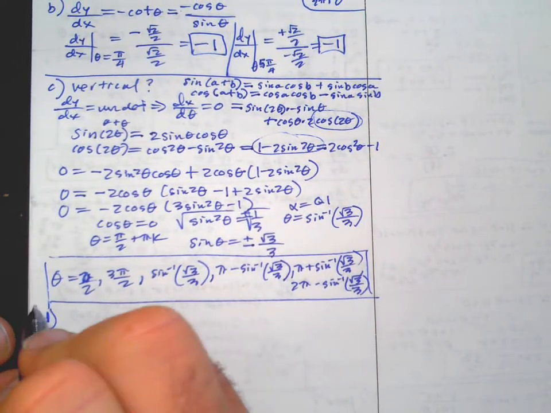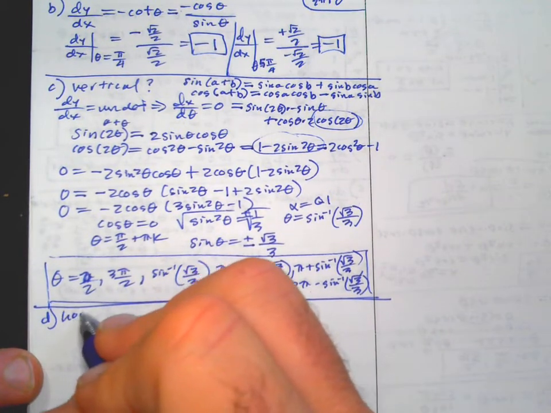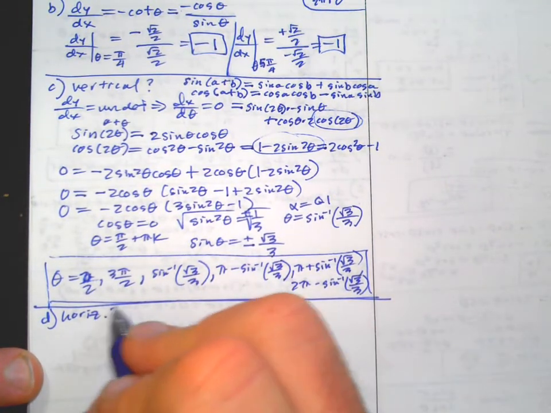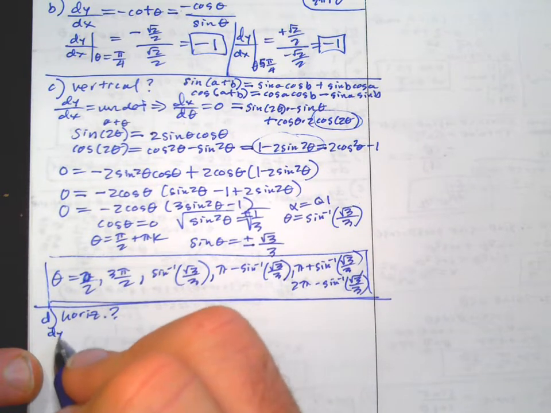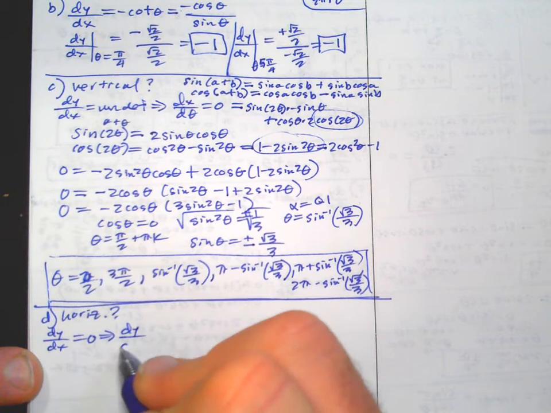Now let's see if any of these show up in the other one. So for horizontal, we get some fun here. This is going to be dy dx equals 0, so that means dy d theta equals 0.